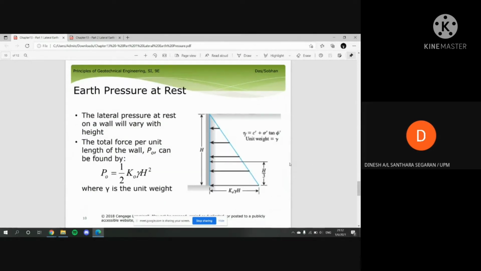For earth pressure at rest, we need to identify the value of the total force per unit length. So it equals half times the coefficient K0 times gamma times H squared. The force increases as the height increases, because the bottom is larger. Yes, correct. The bottom has more force.